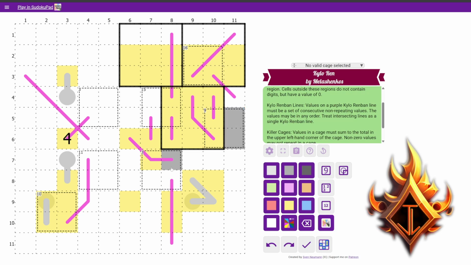They're just 0. What else can I do here? These are all yellow.